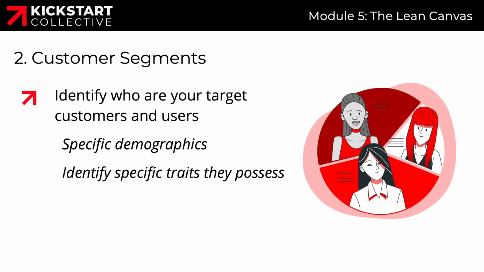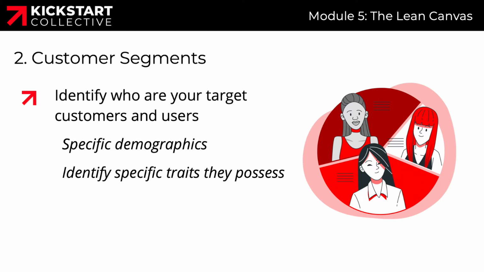In this section, you identify who your target customers and users are, if they are different. You should try to be specific with the demographics and make sure that what you are putting down reflects your learnings so far. After outlining your general customer segments, you should identify specific traits that your early adopters will possess.